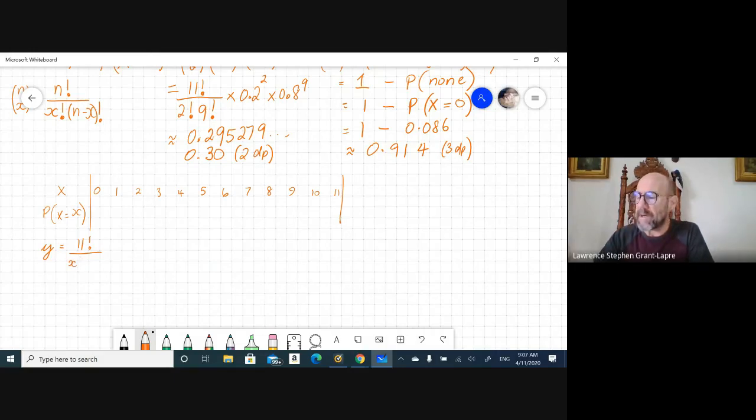So I used x factorial, 11 minus x factorial, the general formula from above, and I put it in a graph. I ticked the box and pressed the icon which gives me a table, and I got the table which said 0 up to 11.